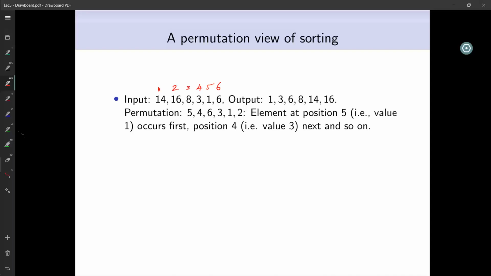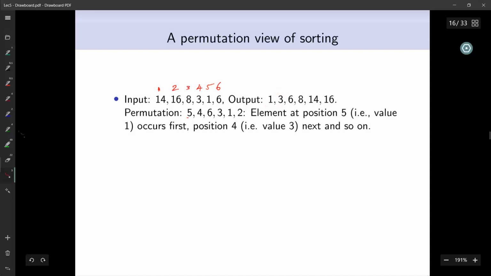Now when I say 5 here, the first element of the sorted array should be the fifth element in the actual array, which is 1. The second element in the sorted array should be the fourth element in the actual array, which is 3.